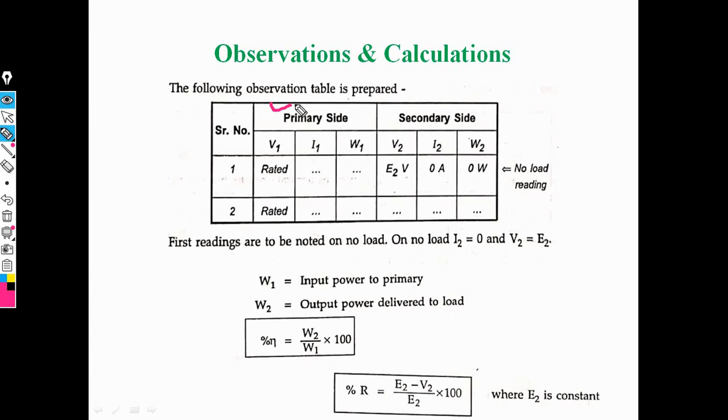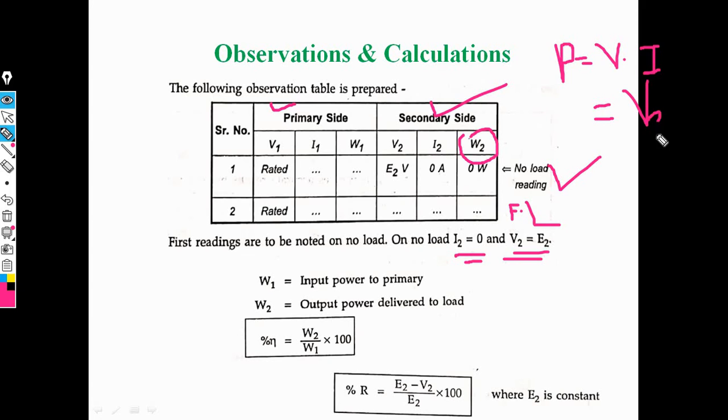This is for the primary side V1, I1, W1, and this is for the secondary side V2, I2, W2. Now the first reading is for no load condition and the second reading for full load condition. In no load condition, the value of I2 is equal to 0, then V2 is equal to E2. Power measured in W is given by V into I, so secondary side power is V2 I2.